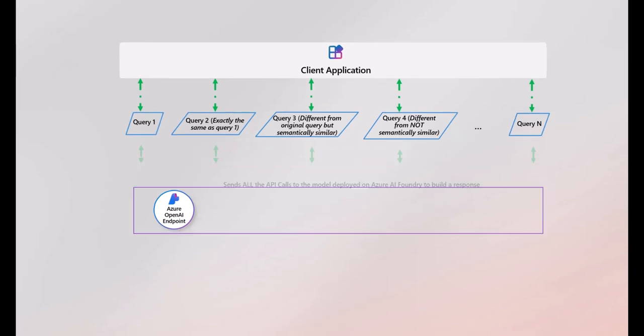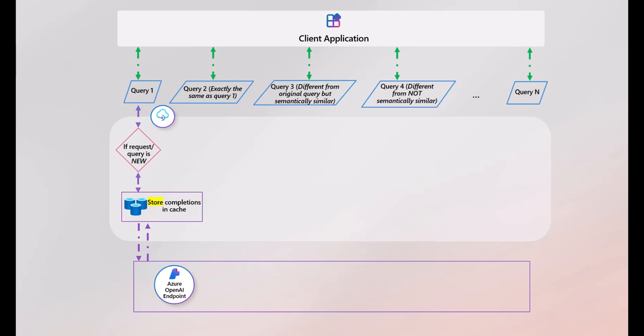Now, with your APIs being managed through an Azure API Management instance, let's revisit our example and see how the workflow changes. When a user lands on your application and sends in a new query, the request will be passed to the language model. Then both the prompt and the completions are stored in the cache service.